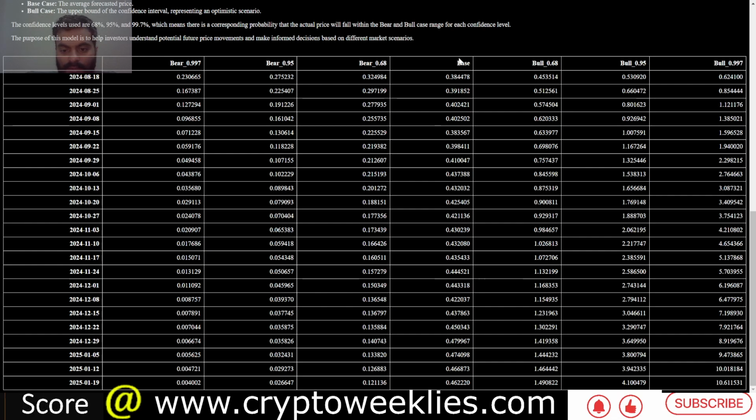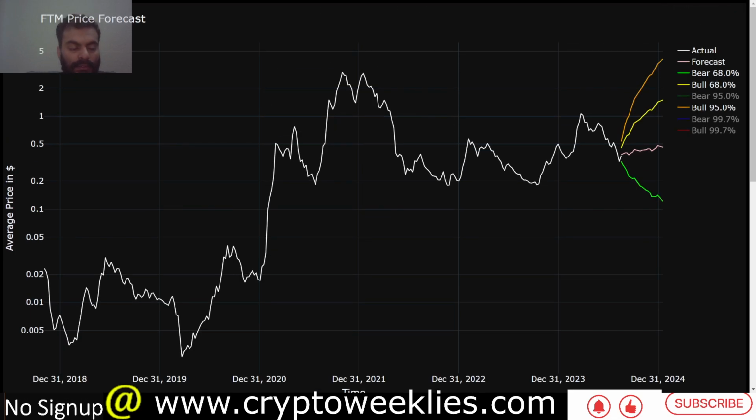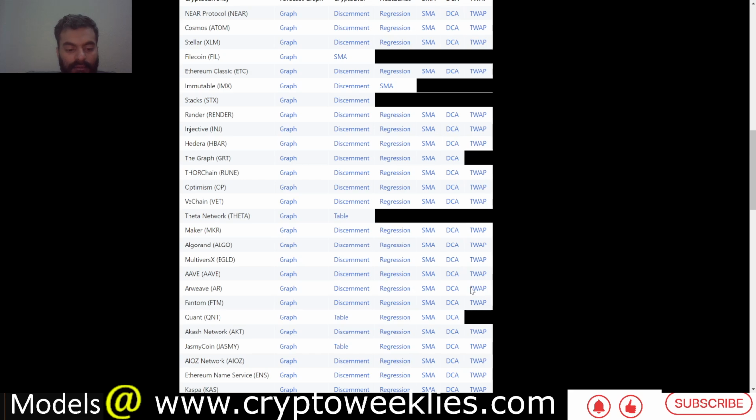Again, the column of most interest is the base case over here. To its left is the 68% bear case, to its right is the 68% bull case. To the right of the 68% bull case is the 95% bull case, and to its right is the 99.7% bull case. So those are the valuations that I wanted to discuss today with Fantom.